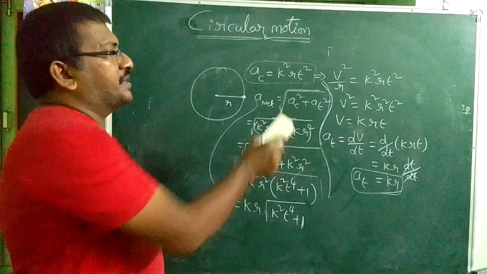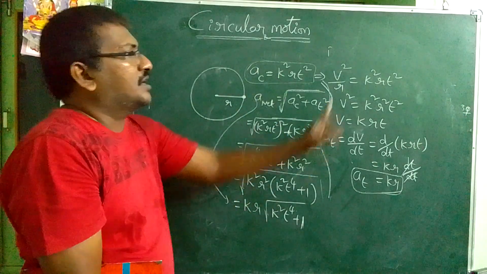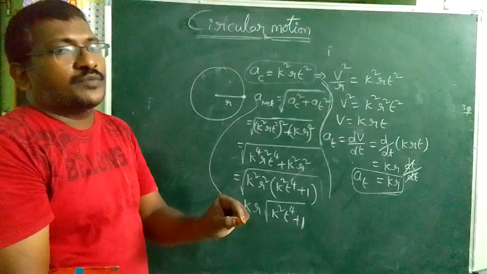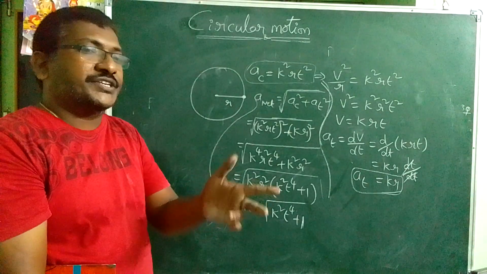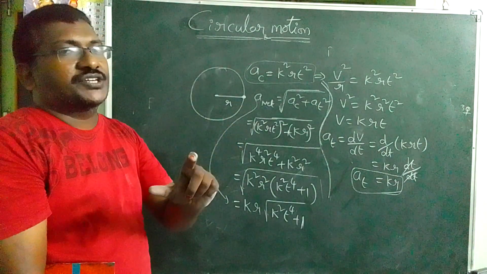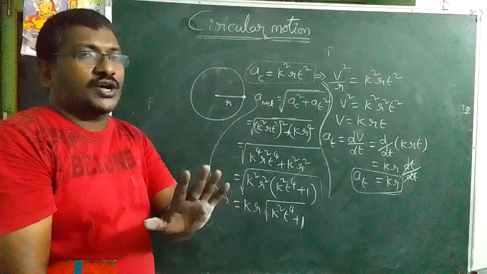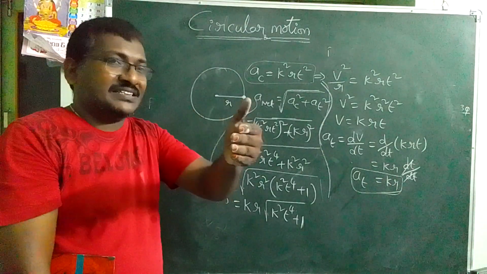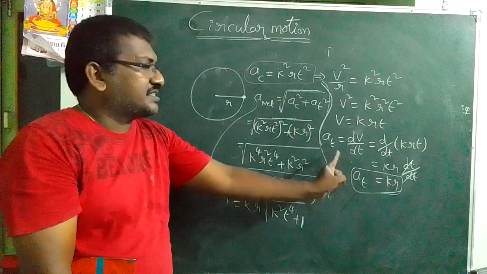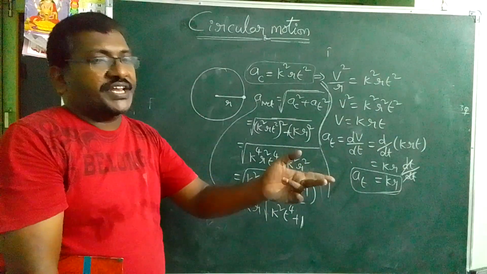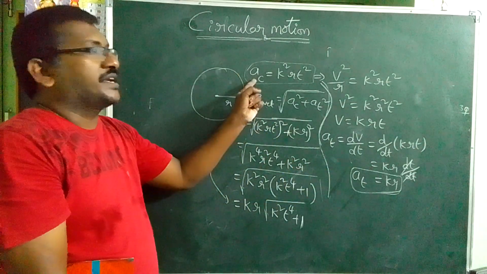The formula for centripetal acceleration, AC is equal to V square by R. In non-uniform circular motion, both speed and direction change, that is, magnitude of the velocity and direction both change. Due to the change in magnitude, it gets some acceleration, that is tangential acceleration, dv by dt. Due to the change in direction, you get the centripetal acceleration.